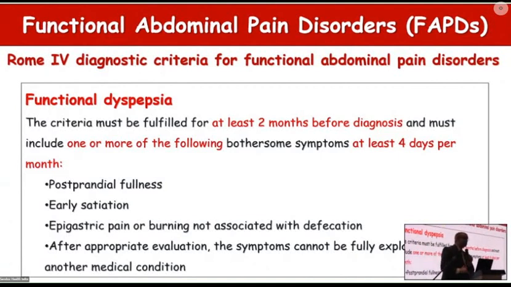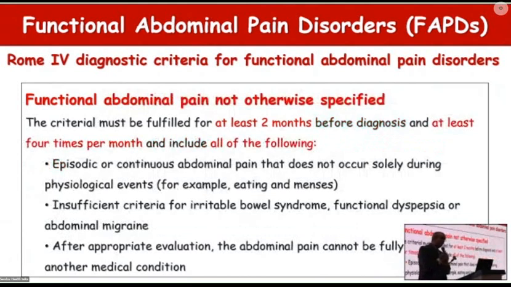And rapid satiation. Early satiation means early stoppage of food due to sense of fullness. Epigastric pain or burning, not associated with defecation. And all these, after appropriate evaluation, cannot be explained by any other factor.